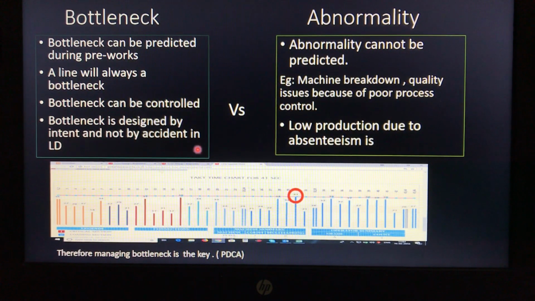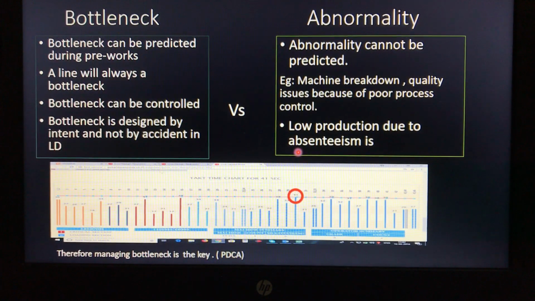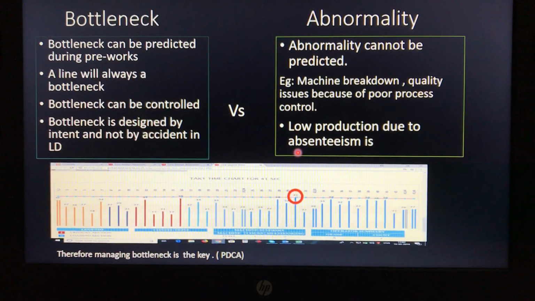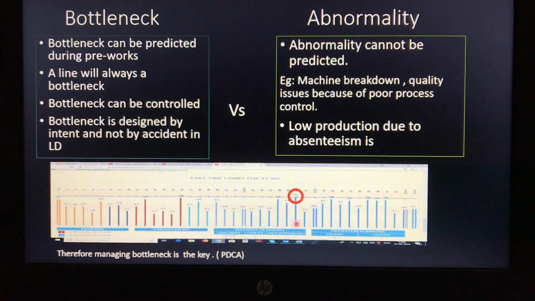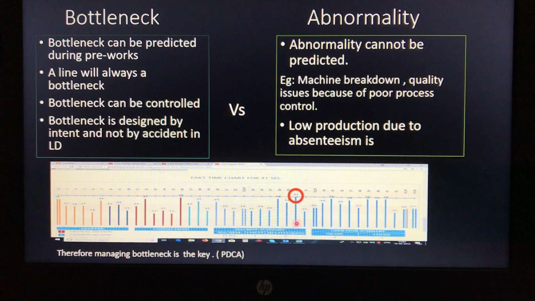So the reason why I am explaining the difference between bottleneck and abnormality is both have different solutions because both are different problems. Abnormality has more to do with shop floor management, and bottleneck for these reasons is something which is designed, implemented and controlled.